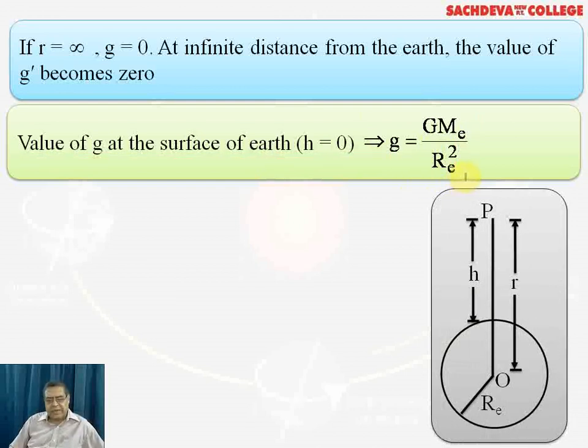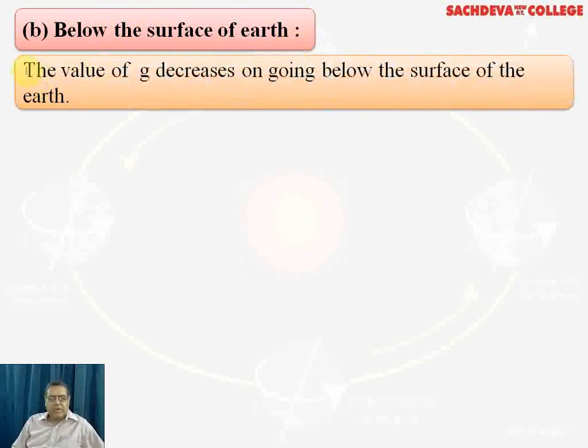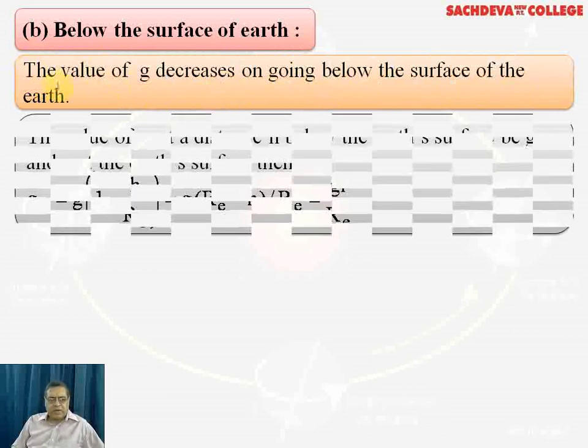Now in the figure, the same thing is depicted. So the figure is the same for all the cases. And now we come towards below the surface. As I have explained earlier in my lecture, when we go deep into the Earth, the value of G goes on decreasing and the weight also decreases. That is the statement given: the value of G decreases on going below the surface of Earth.